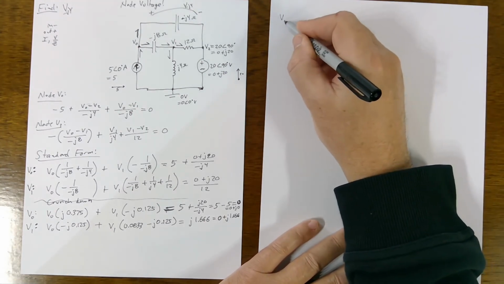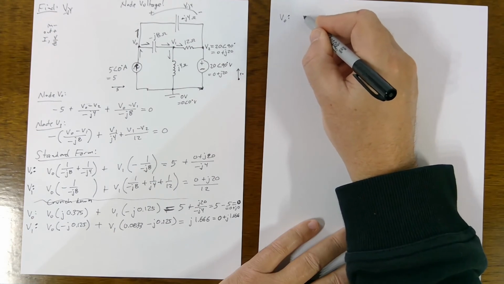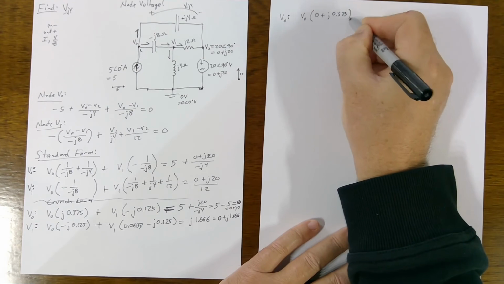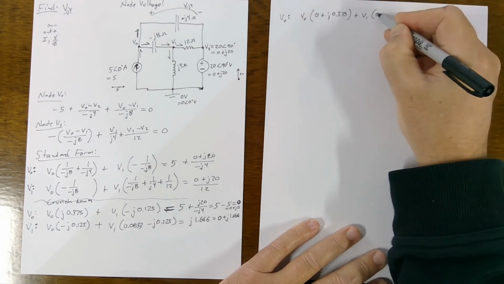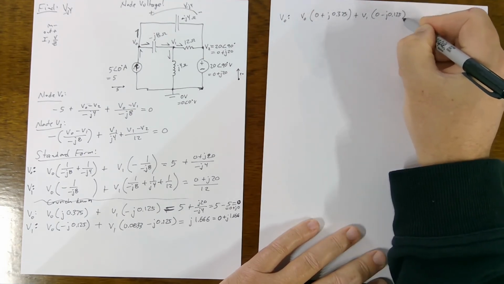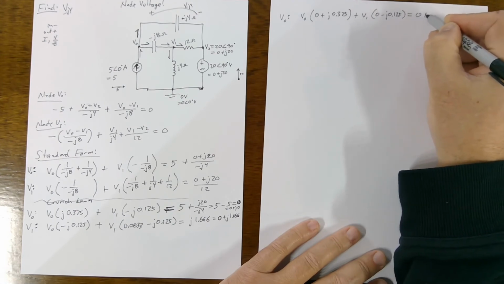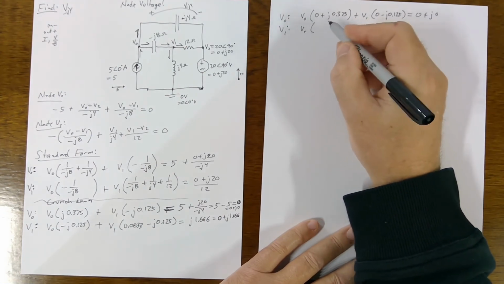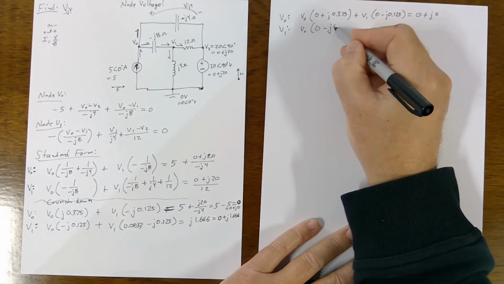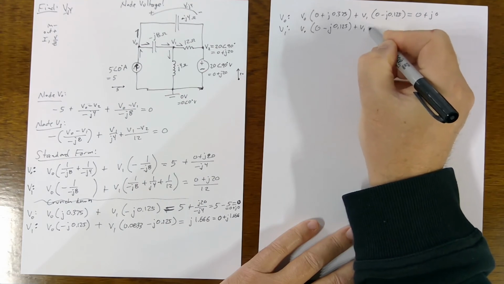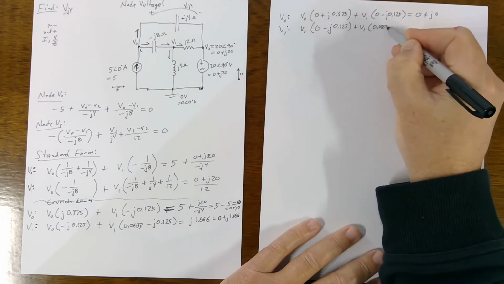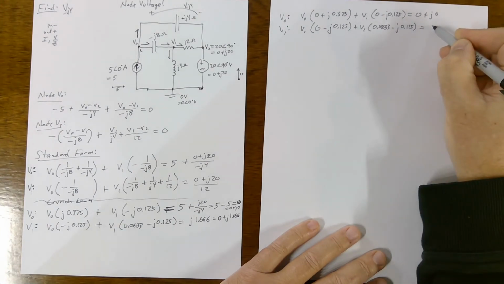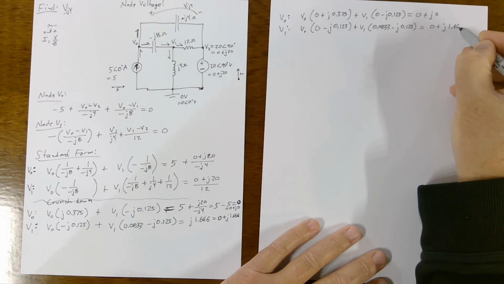I'm going to go ahead and do that instead of just saying that. So the V0 equation is V0 (0 plus J 0.375) plus V1 (0 minus J 0.125) equals 0 plus J0. And then the V1 equation becomes V0 (0 minus J 0.125) plus V1 (0.0833 minus J 0.125) equals 0 plus J 1.666.